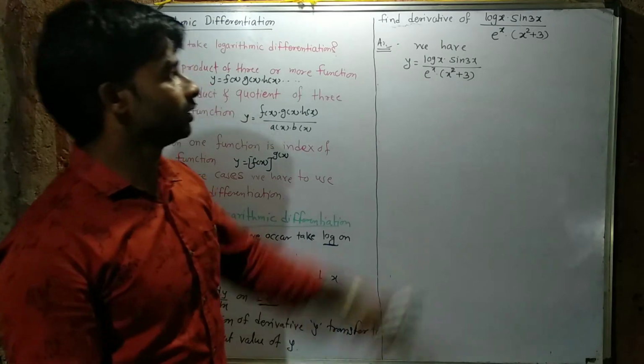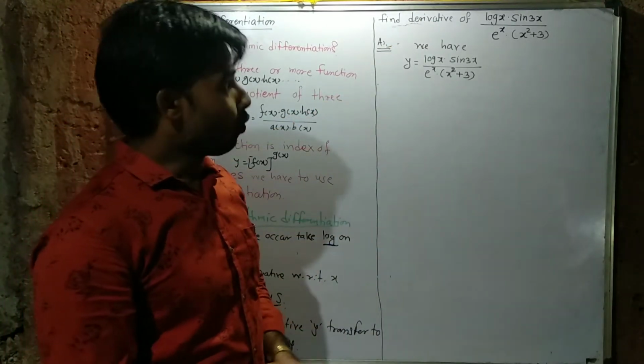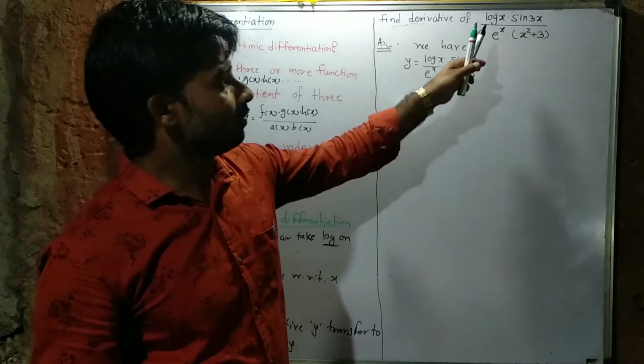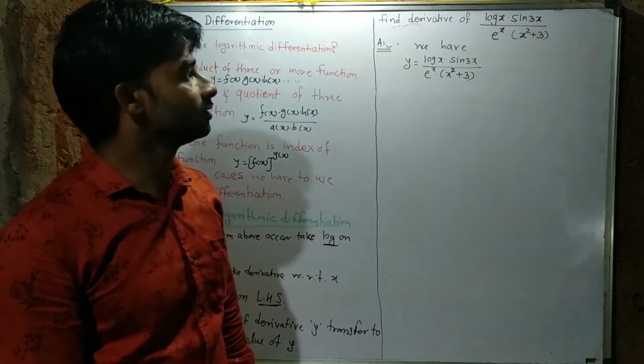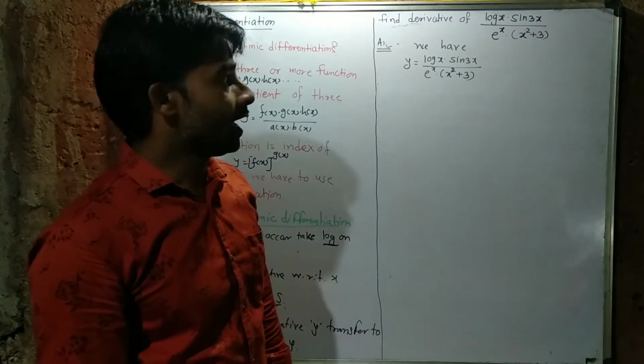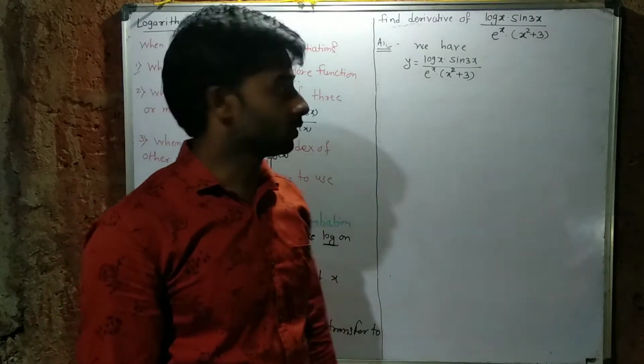First of all, we have to think about the example here. Example consists of log x into sine 3x divided by e raised to x into x square plus 3.